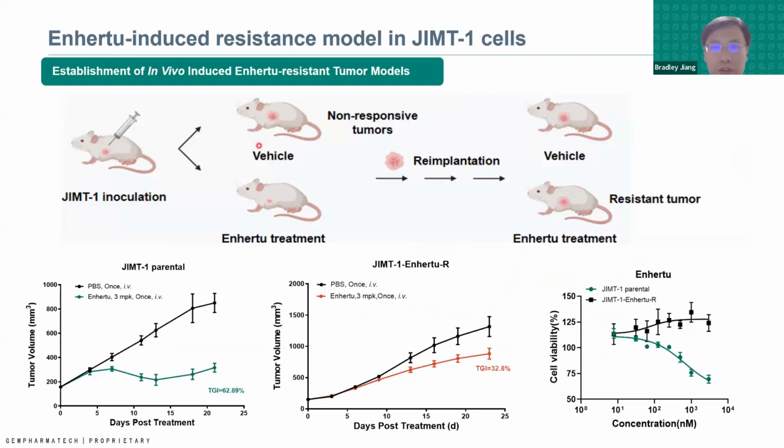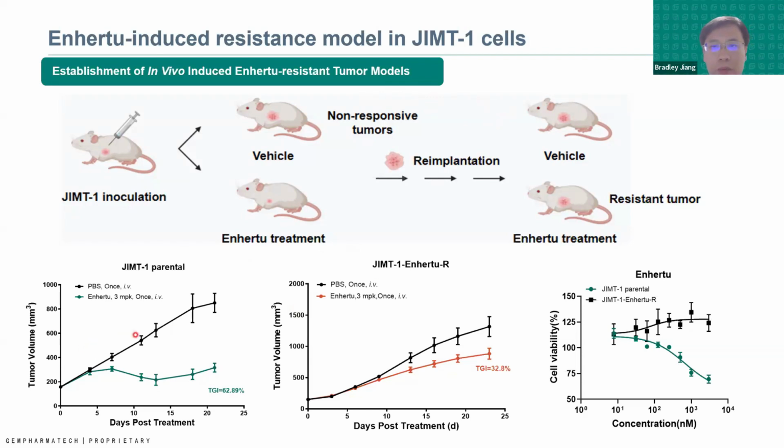To mimic the induced Enhertu resistance, we inoculated the GMT1 breast cancer cell line into mice and treated the mice with Enhertu. After the treatment, tumors that did not respond were collected, expanded, and reinoculated into mice followed by Enhertu treatment, and these procedures were repeated 3 times. Finally, the GMT1 Enhertu resistant cell line was established.